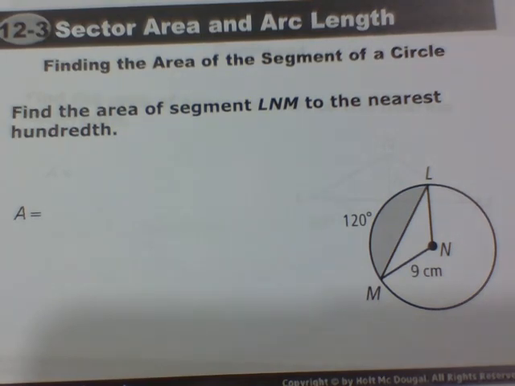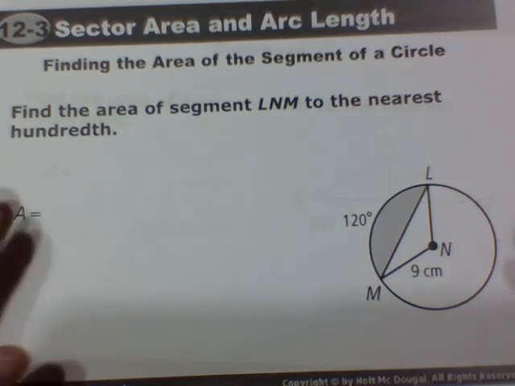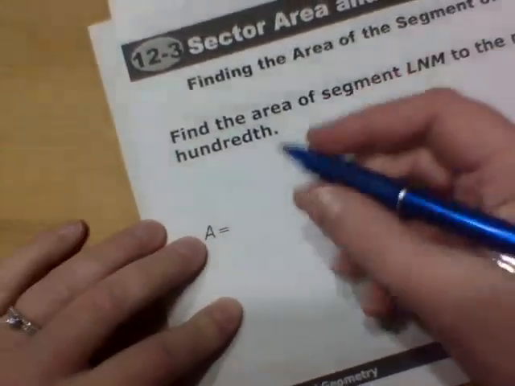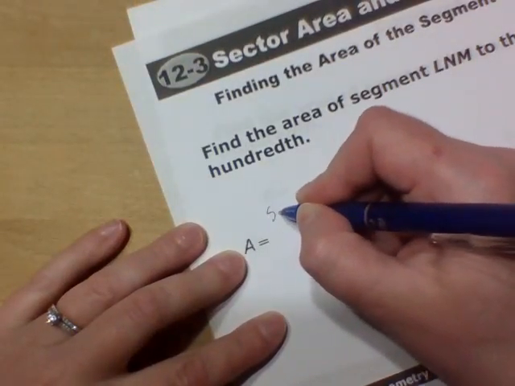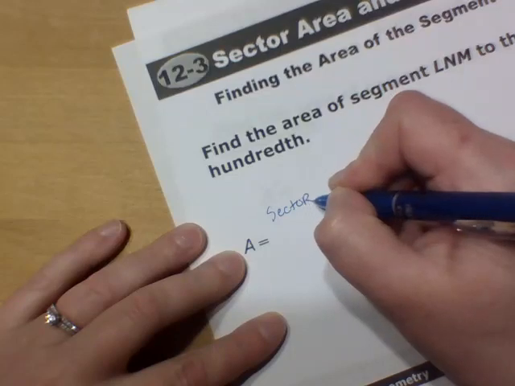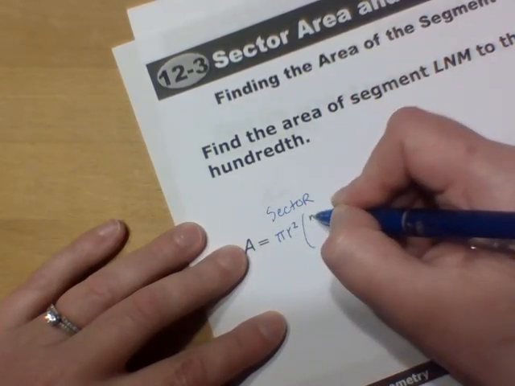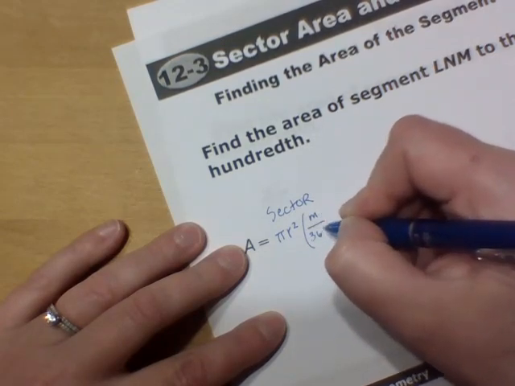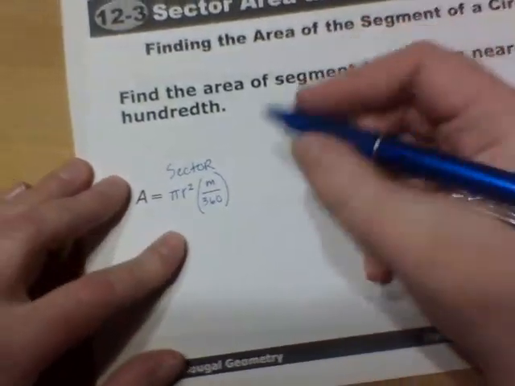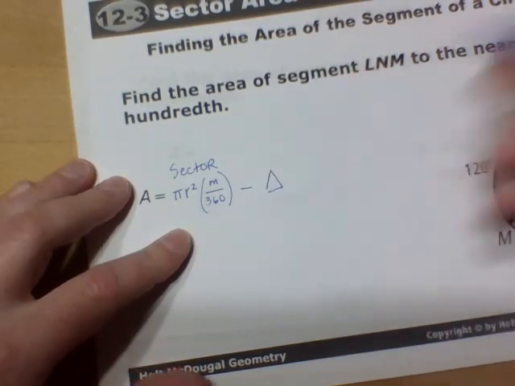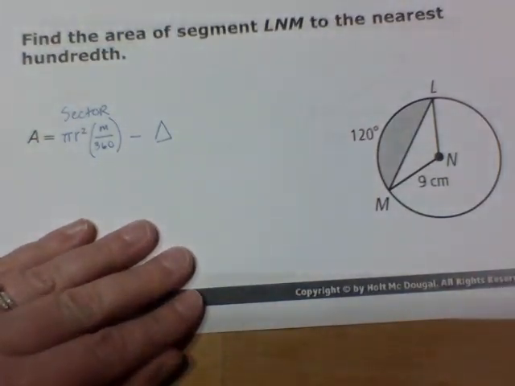All right, so in that case, we are going to find the area of the sector. And the area of the sector comes from pi r squared and your central angle measure over 360. And then we're going to subtract out the area of the isosceles triangle.